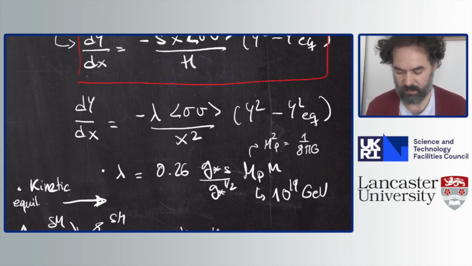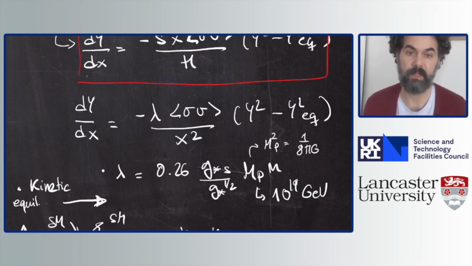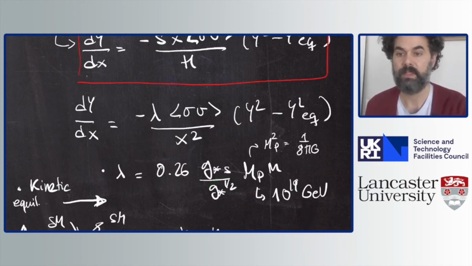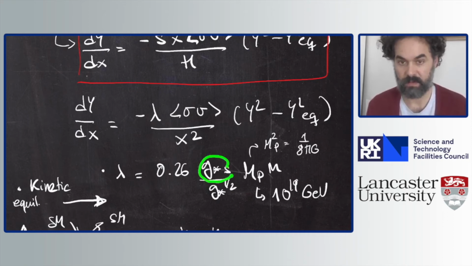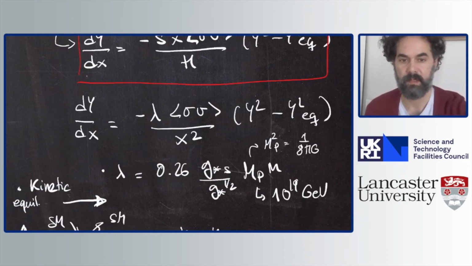One of them, remember, comes from the entropy, another one from the degrees of freedom which are relativistic. So these two numbers can be different. That's why you have to be a bit careful on how to define them. So this is the number of degrees of freedom which are relativistic, and these ones are the number of degrees of freedom that contribute to the total entropy of the universe. These two can be different. In principle, if everything is relativistic, they coincide.